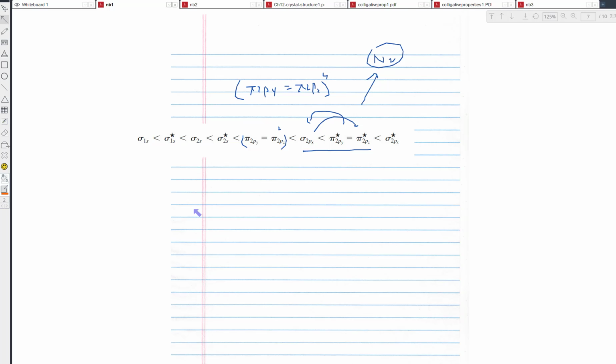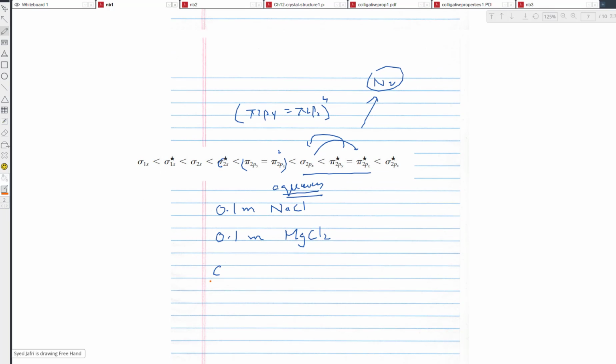From colligative properties, suppose you have a 0.1 molar NaCl solution, aqueous solution. All of the solutions are aqueous. A 0.1 molar MgCl2 solution, aqueous solution, and a 0.1 molar glucose solution.